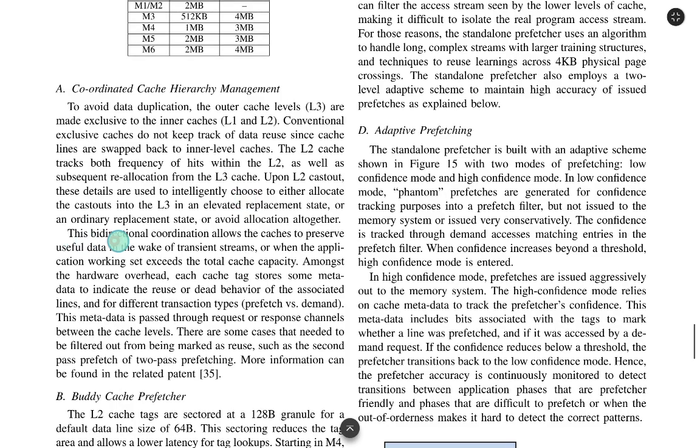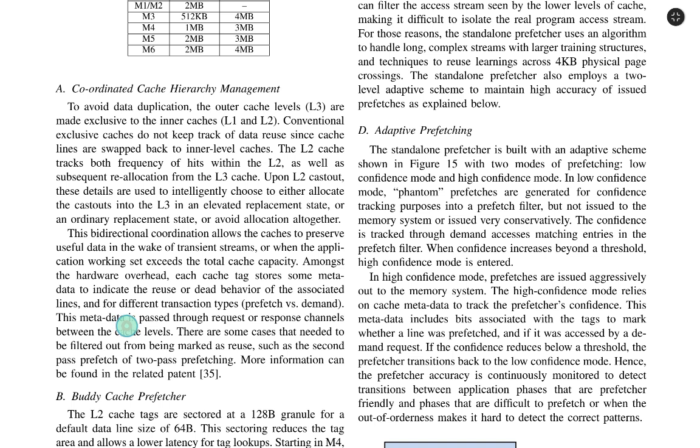This bidirectional coordination allows the cache to preserve useful data in the wake of a transient stream or when the application working set exceeds the total cache capacity. Among the hardware overheads, each cache tag has some metadata to indicate the use or data behavior of the associated lines and follows different transaction types, prefetch versus demand.